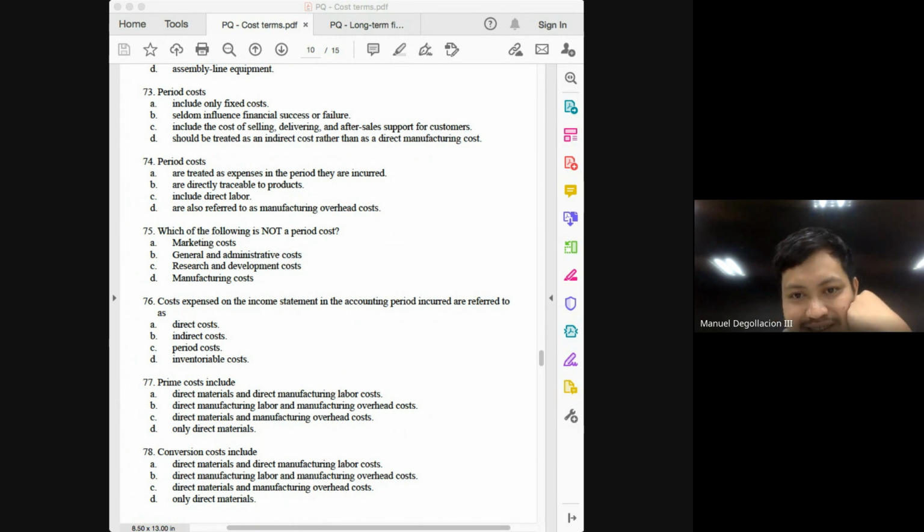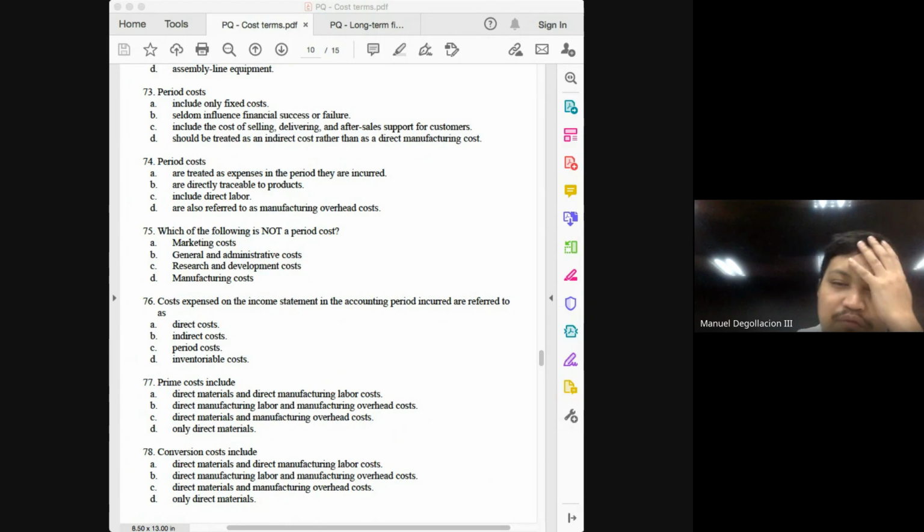74, period costs are treated as expense in the period they are incurred. That's basically the definition of your period cost. Directly traceable? No. Include direct labor? No. Manufacturing overhead cost? Also no. 75, which of the following is not a period cost?